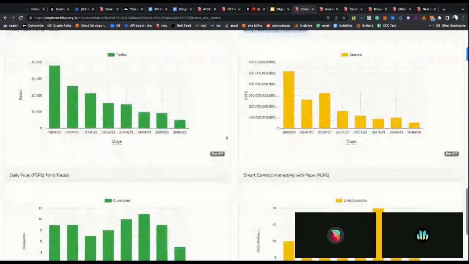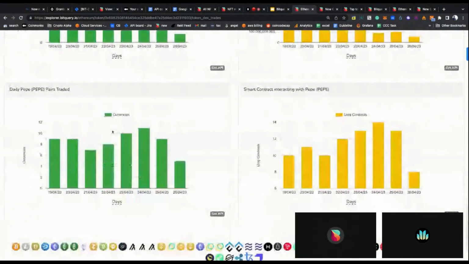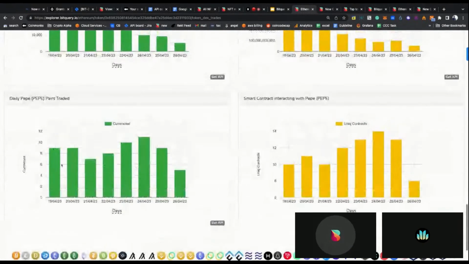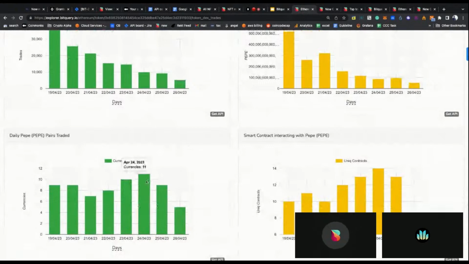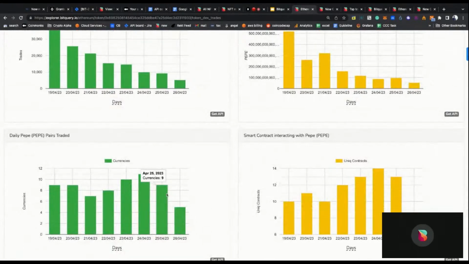Okay, cool. You see there are at least 11 pairs; yesterday there were 9 currencies against which peep was traded. So you get these sorts of details, and you can get these sorts of details against biggest tokens also, for example WETH or USDT, USDC.